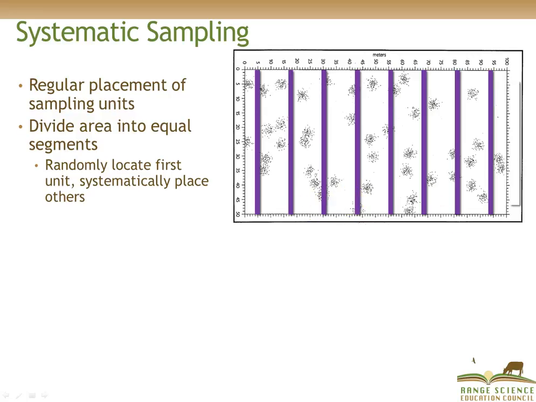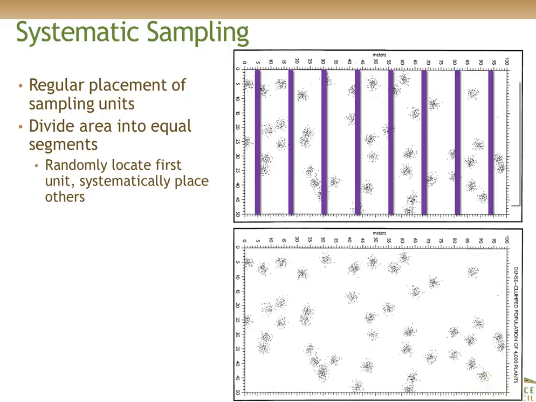Another approach is to use a common combination of transects and quadrats. In this case, the first transect is randomly located, and the location of the first quadrat on that transect is also randomly located. The location of the other quadrats on that transect are then equally spaced based on the location of the first quadrat.